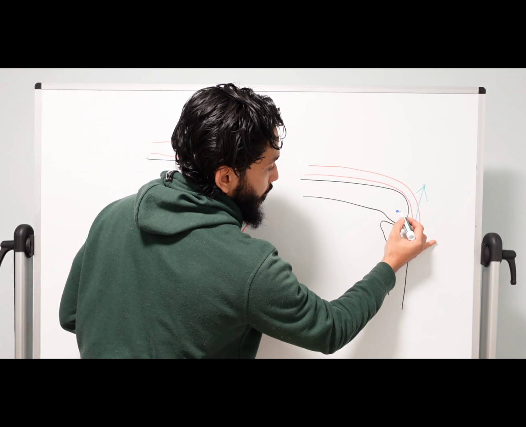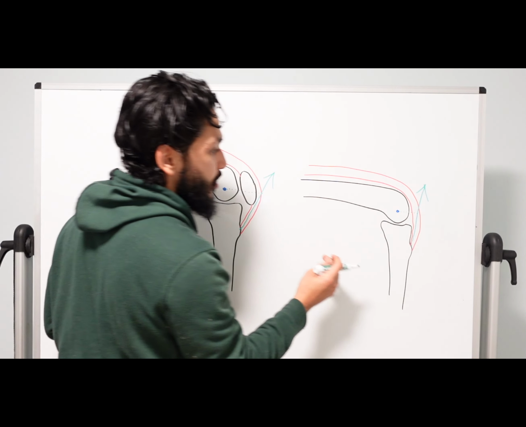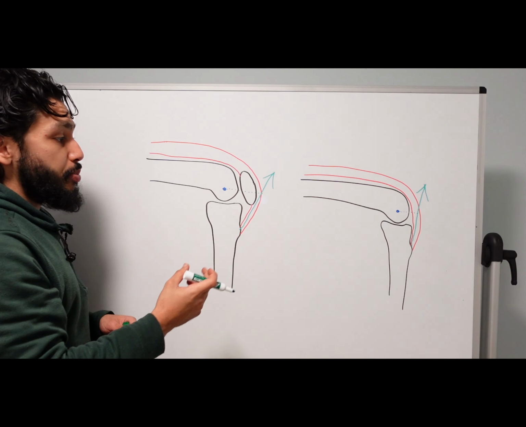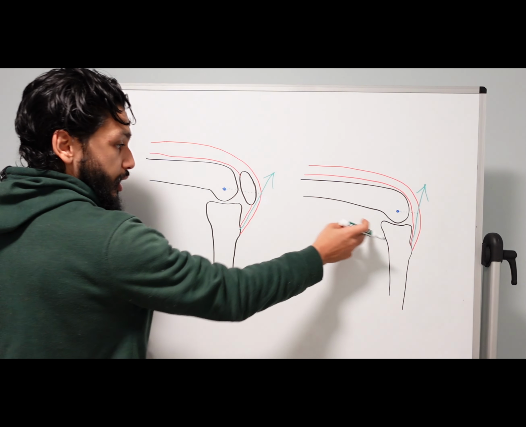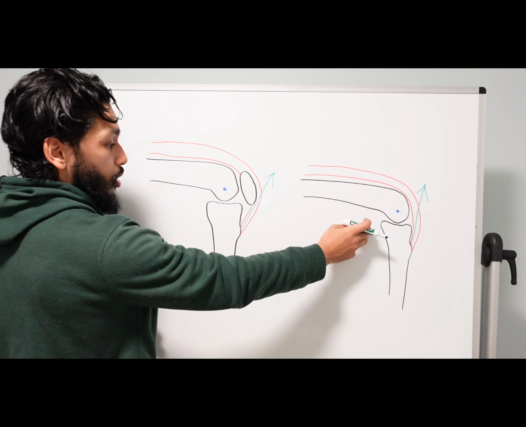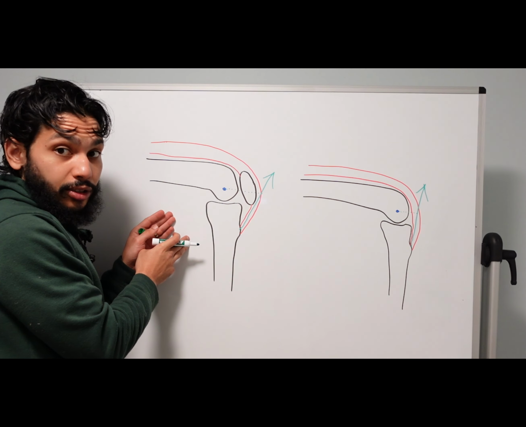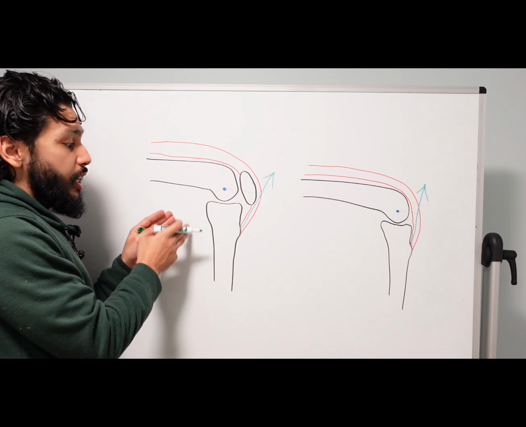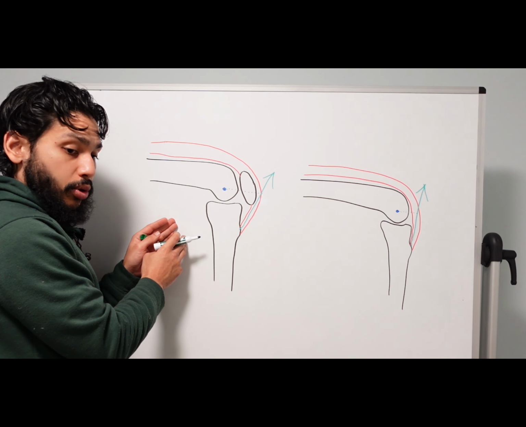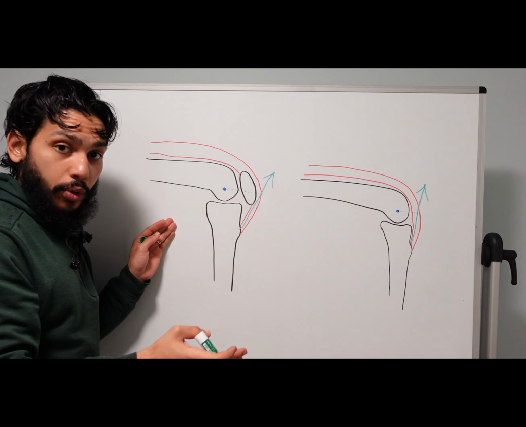You can see that when there's no patella, that distance is smaller, which means that the torque produced here is going to be much smaller than the torque produced in this situation, which means the quads can produce the same amount of torque with less force.